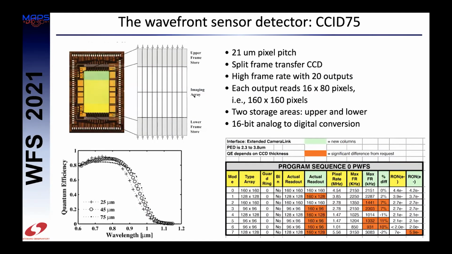This is the wavefront sensor detector. The quantum efficiency is around 80%, and it has several readout modes that can be used for binning, for operation on faint stars, and for bright stars when we can do binning.